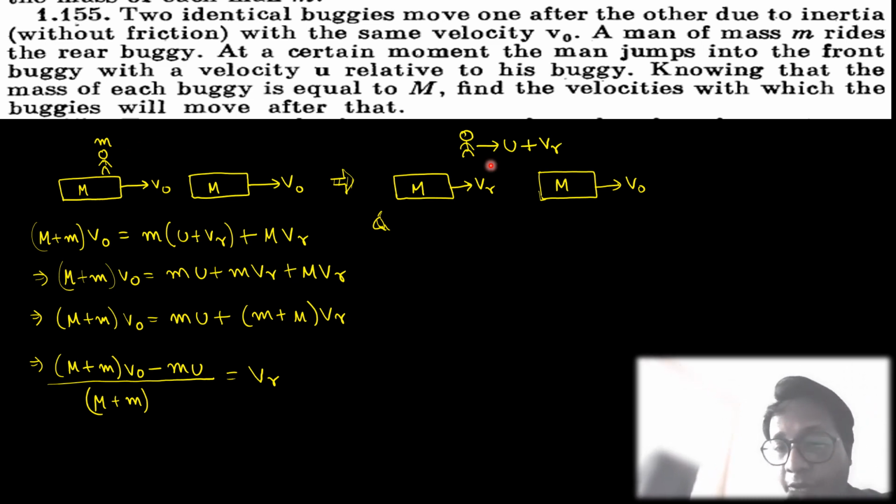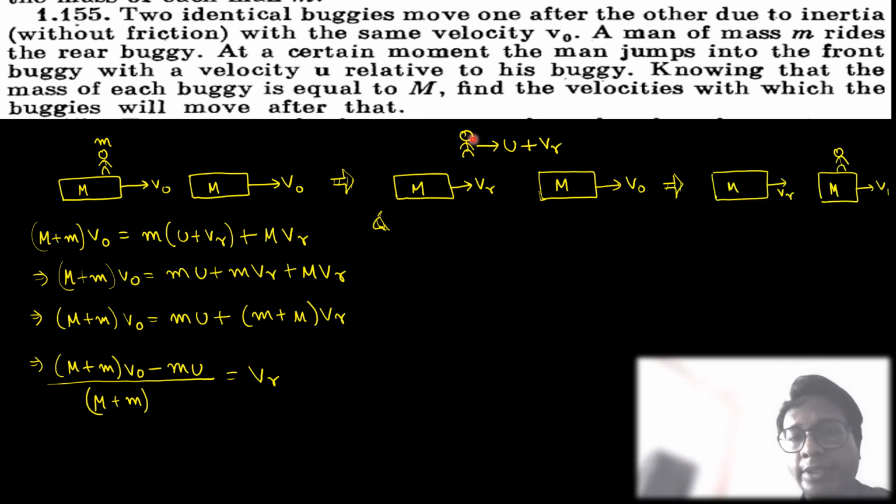Now what I need to find out is the velocity of the second block after this person has landed on it. After this person has landed on this block, the velocity of this block would change because this person is imparting some velocity onto it. So if you take the person plus block as a system, the momentum of this system would remain conserved.